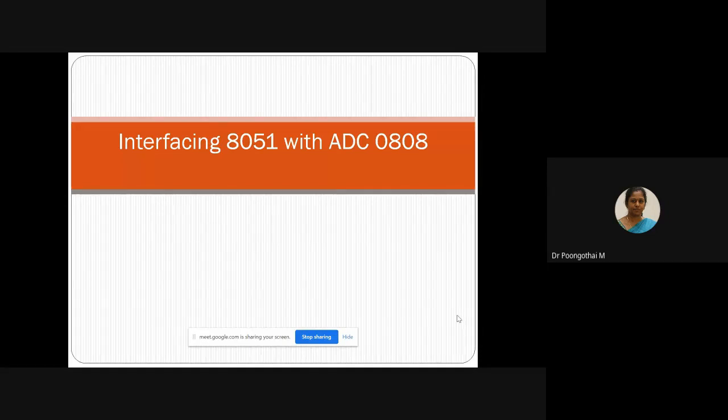Therefore, we have to connect these microcontrollers to analog sensors. If you want to interface analog sensors with a microcontroller, the microcontroller needs to be interfaced with an ADC.